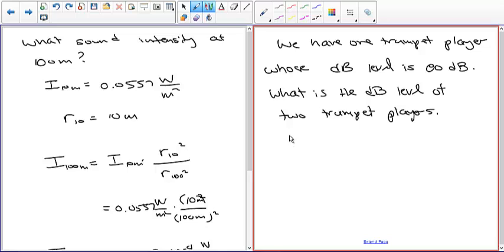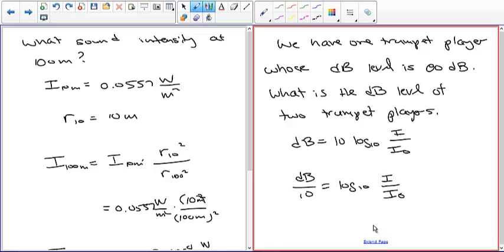So what we're going to do is find the sound intensity associated with decibels, because we don't add 80. The answer is not 160 decibels, obviously, because a jet engine is like 140 decibels. So two trumpet players aren't that bad. So you take the expression for decibels, which is 10 log base 10 of I divided by I0, and solve for I. Decibels divided by 10 is log base 10 of I over I0.